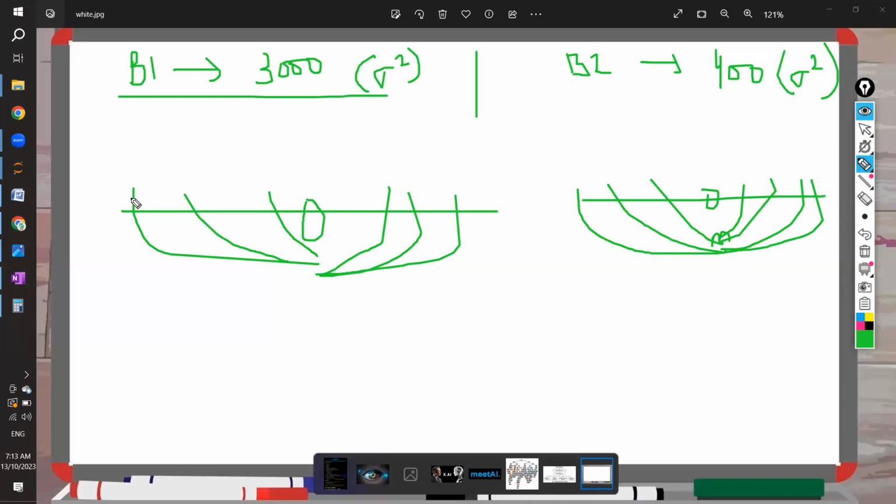That means each and every value is very much different from each other, or the overall spread of these values is very, very large when compared to these numbers. Only then will you have such a big variance.